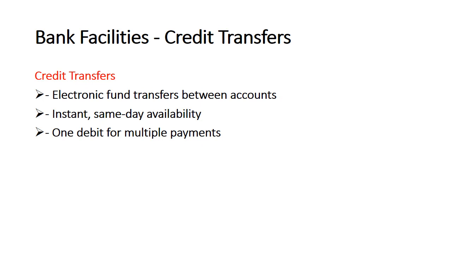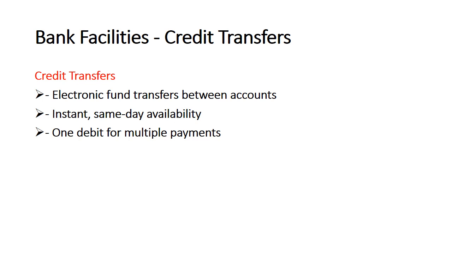They also have a feature of one debit for multiple payments. What that means is, for the banks, if for example 10 students are paying to Blue Gum, it's the end of the month, so they want to pay the tuition fees, so they pay. The total payment is going to be received as one sum.